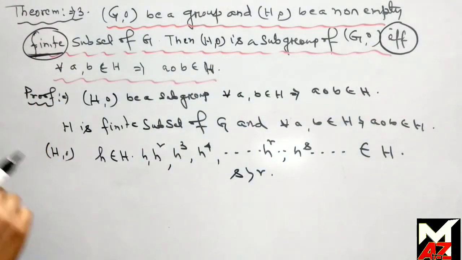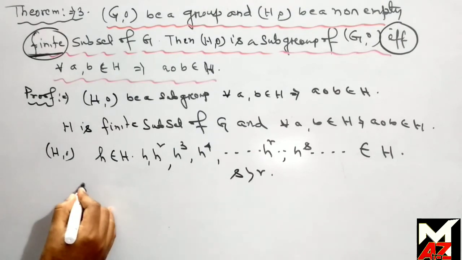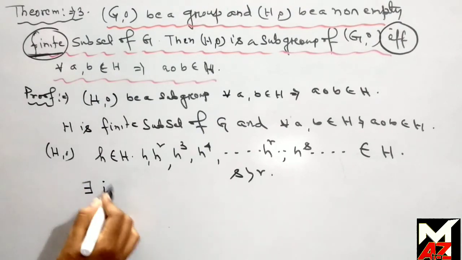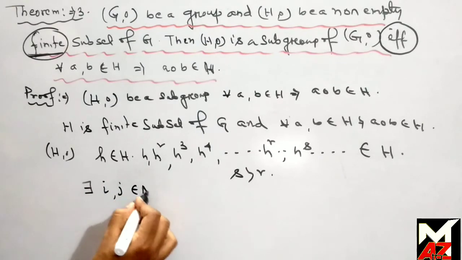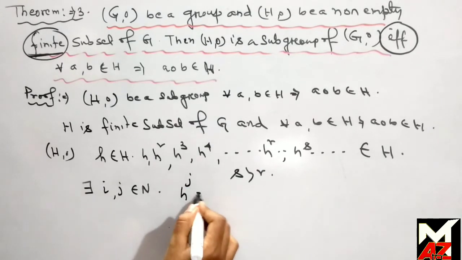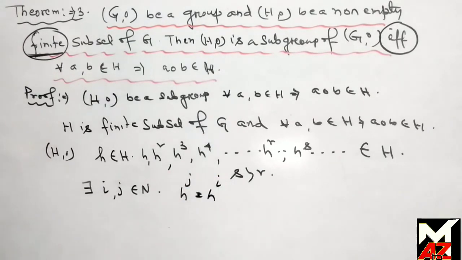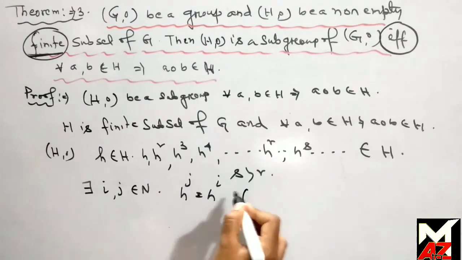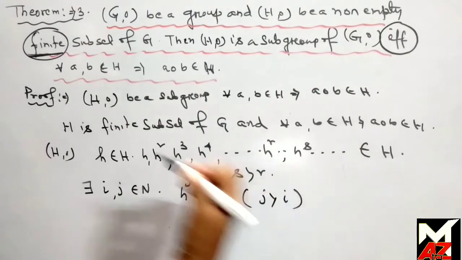So there exist i, j belongs to N such that h to the power j equal to h to the power i, and we take j greater than i here.